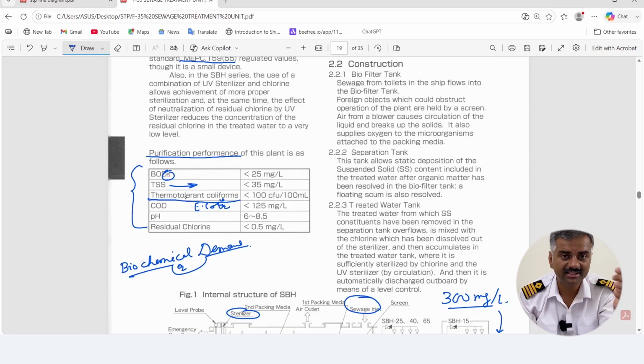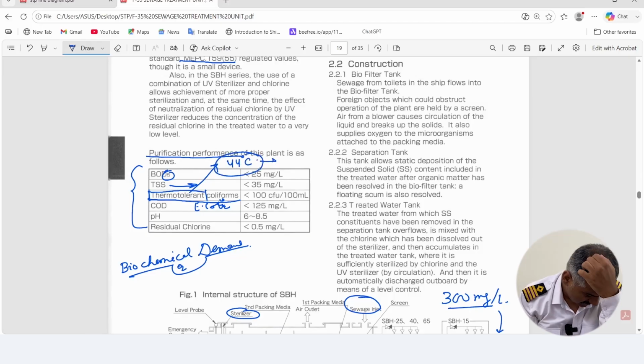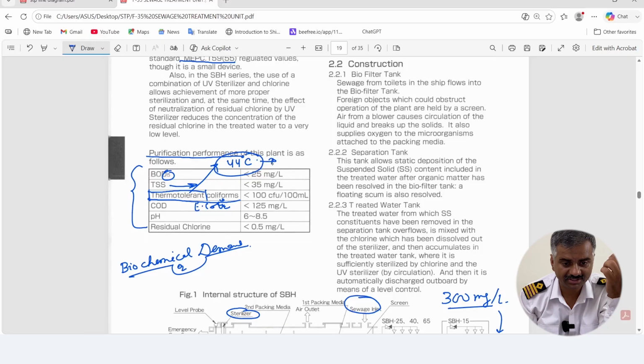Thermotolerant, why? Because generally coliforms have a tendency to die at a high temperature. But these kinds of coliforms have thermotolerance at a temperature of around 44 degrees centigrade and higher pressure, around 1.5 bar, and they are not able to die.